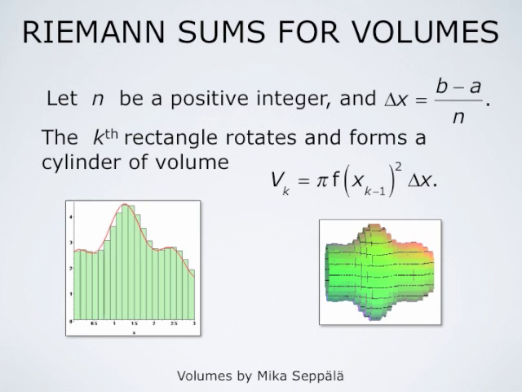Therefore, the volume of this kth cylinder V_k is the area of the base, that is the area of the disk of radius f at x_{k-1}, times the height of the cylinder. So we get pi times f at x_{k-1} squared times delta x. So this is the volume of one approximating cylinder.